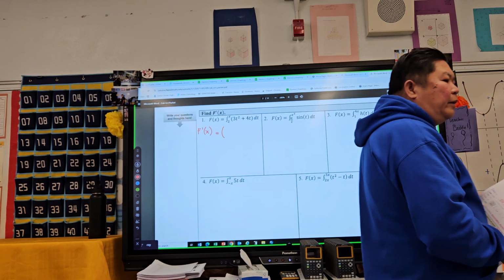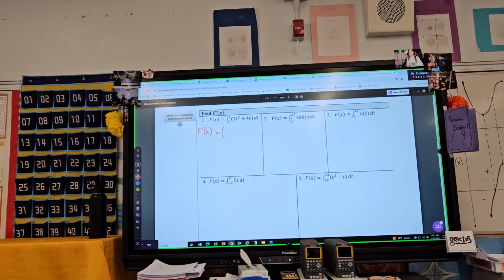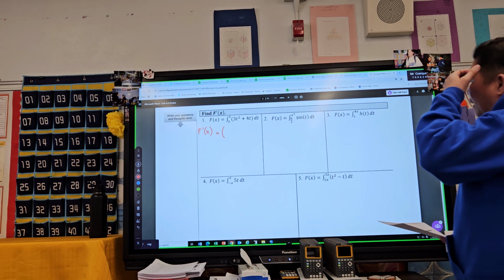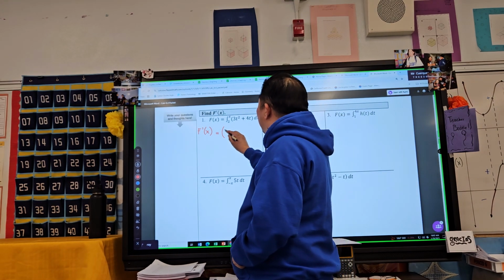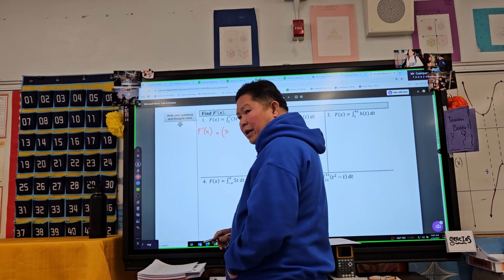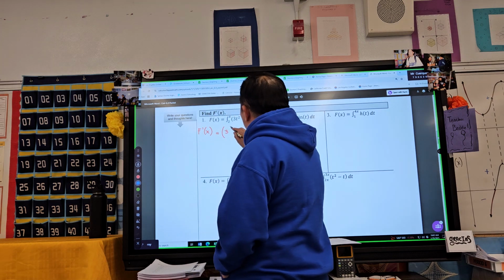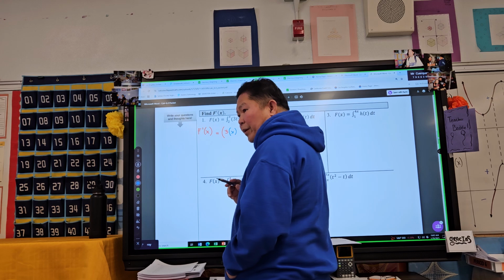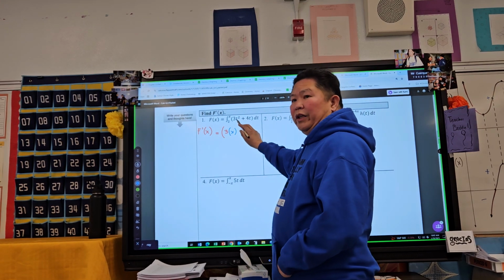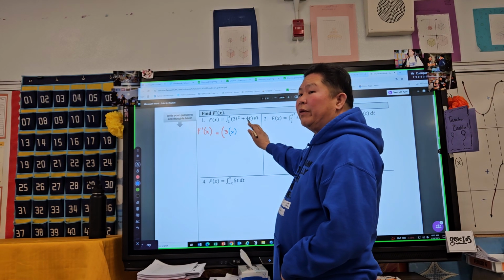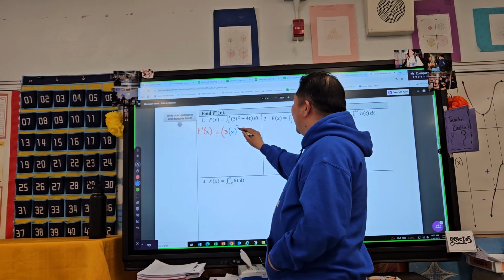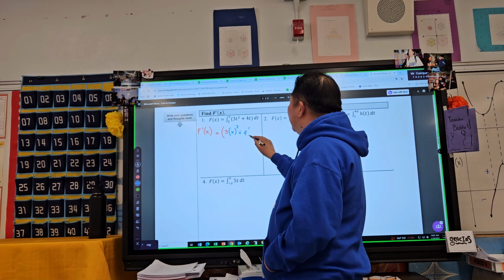So again, what to do? You're going to replace. So we have t, and I'm going to put this as x. Again, you replace the variable t right here with the variable x, and then square, plus 4x.